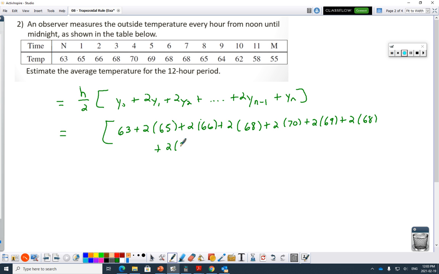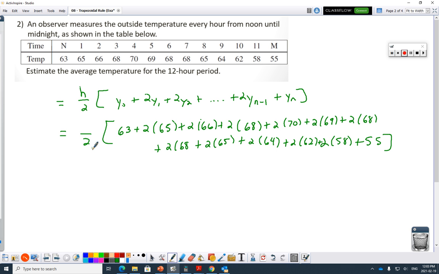Good thing I was pointing at them, or I might have missed one of those 68s, which would have thrown my answer off crazy. And then 2 times this 65, and then 2 times this 64, and 2 times this 62, and 2 times this 58, and then only add the last one once.